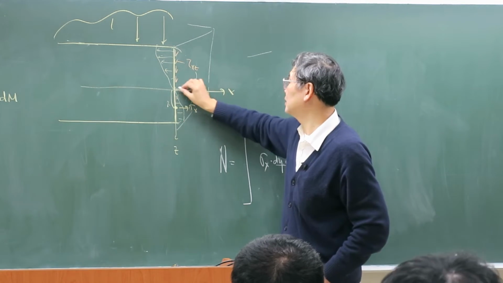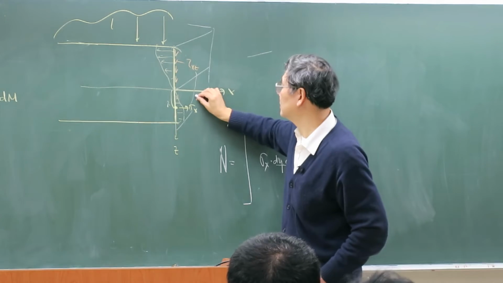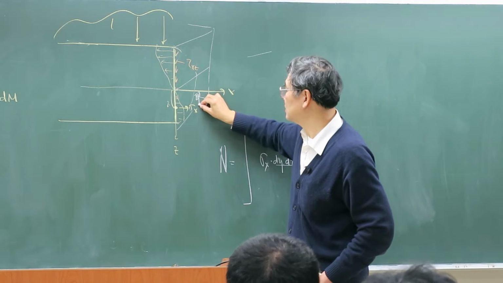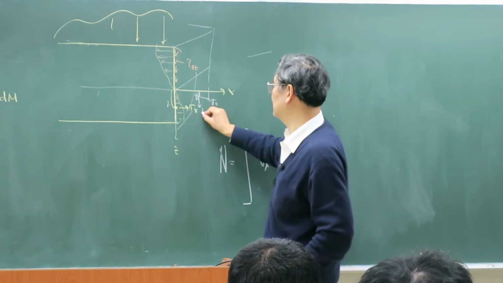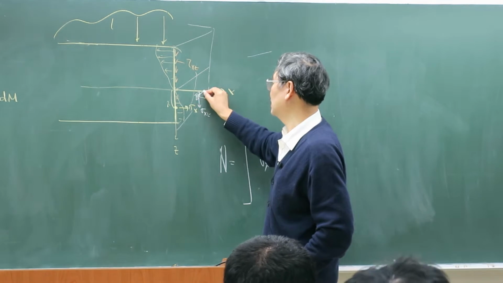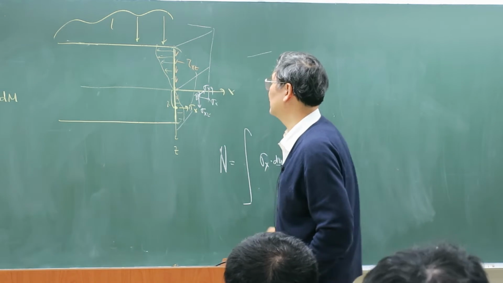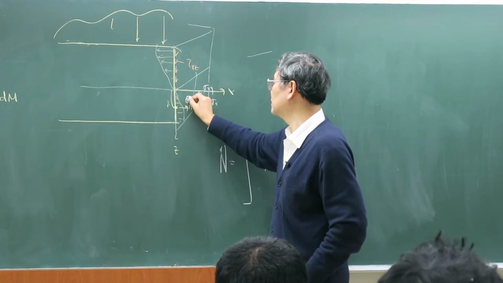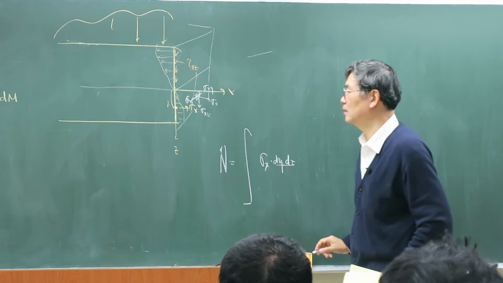For any element, we have a sigma x, we have a sigma xz, and we have a sigma xy. Sorry, xy. Okay, right?